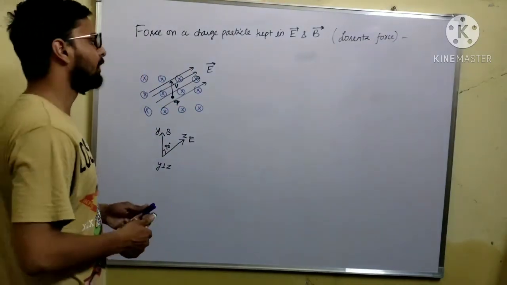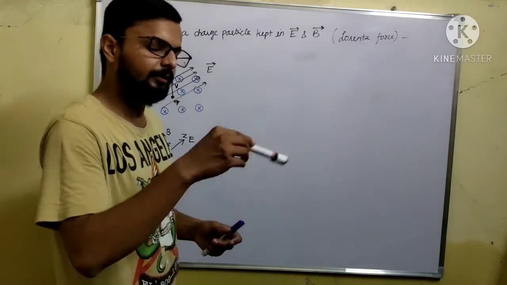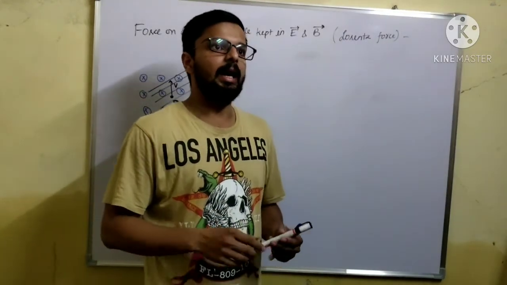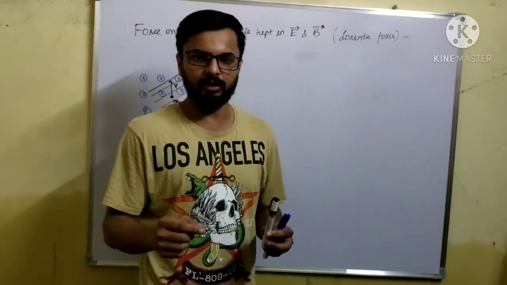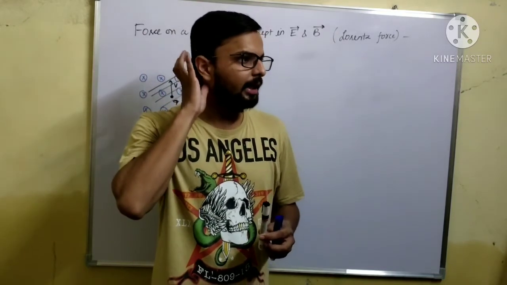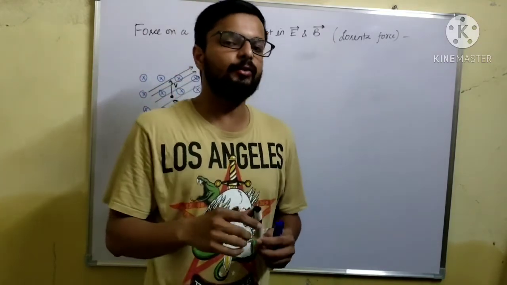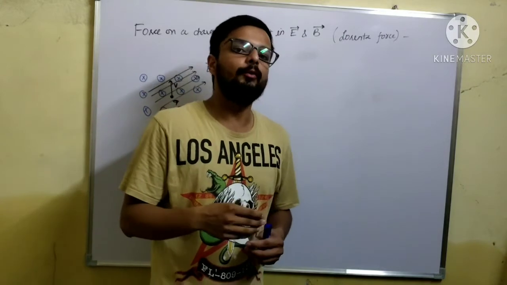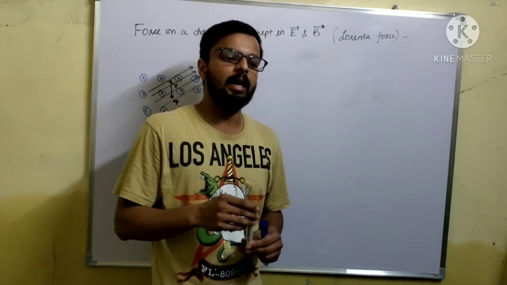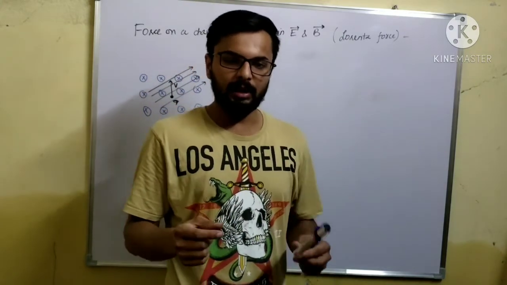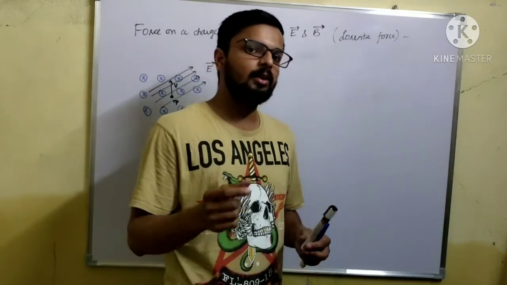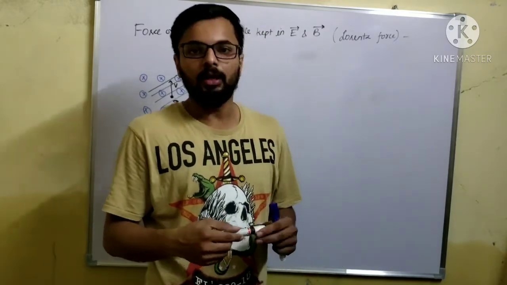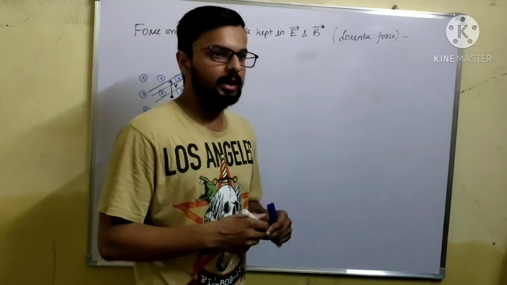Okay, so from the chapter electrostatics we have seen that if there is an electric field present and you place a charge in that electric field, it will experience either the force of repulsion or the force of attraction, depending upon the nature of electric field and the nature of charge which you are placing in that electric field. So that force was what, electrostatic force.